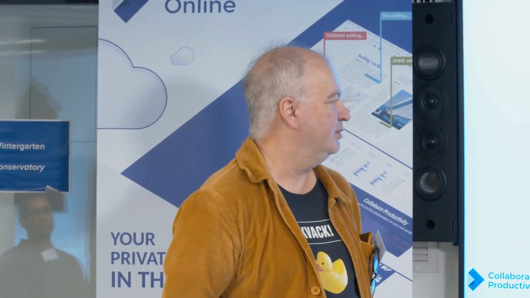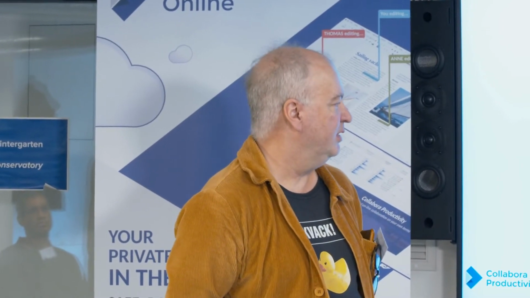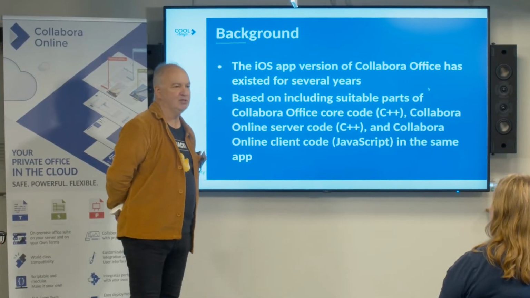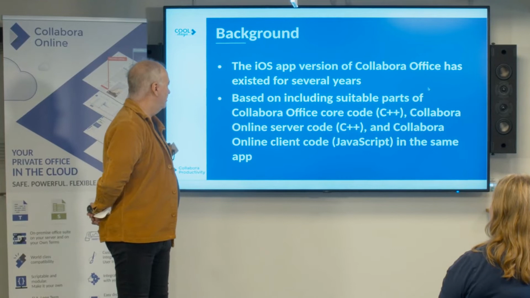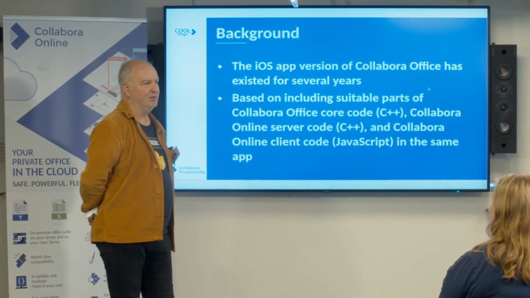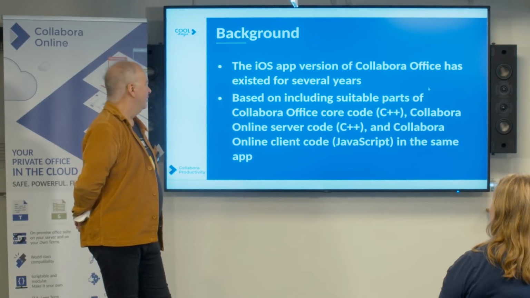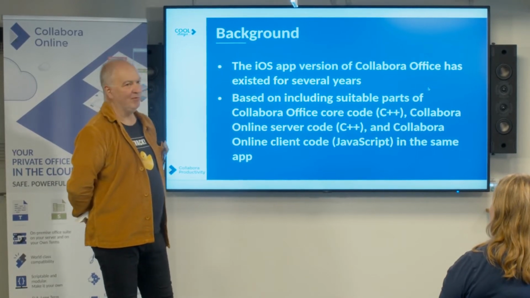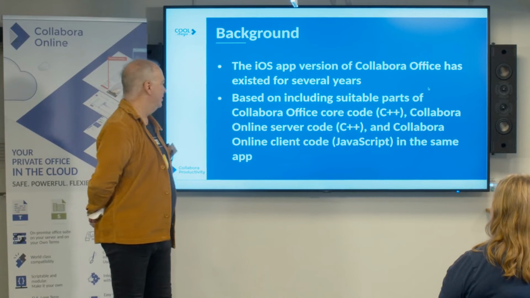These are all in C++, and then the client code from Collabora Online, which is JavaScript, of course. And all these parts run in the same process. Well, technically the JavaScript part runs inside a separate process, but you don't really notice that because it's just an implementation detail of how WebKit works on iOS.